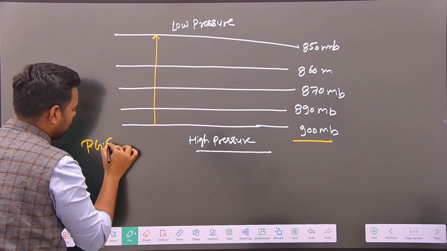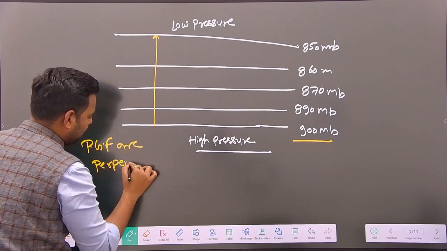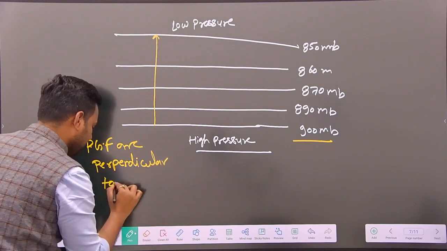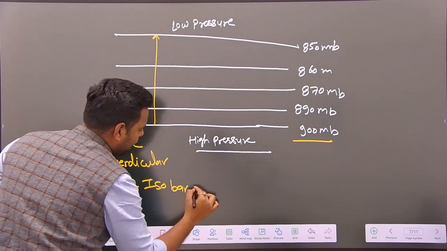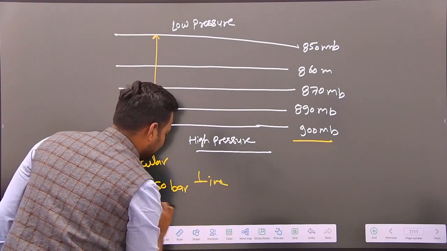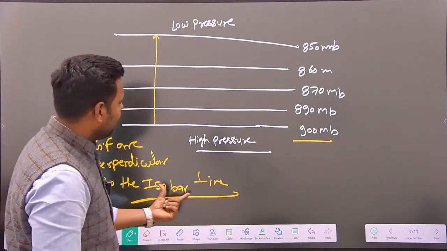PGF is perpendicular to the isobar line. Pressure gradient force is perpendicular to the isobar line.